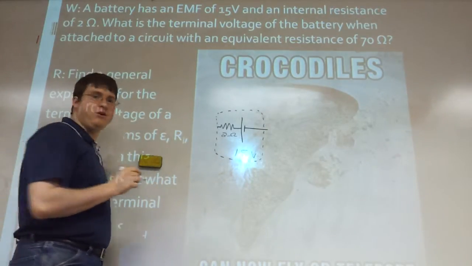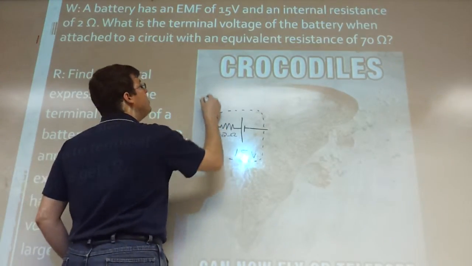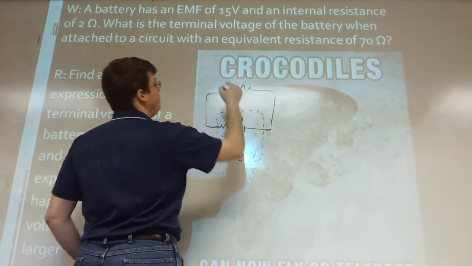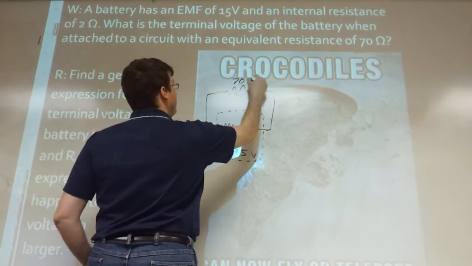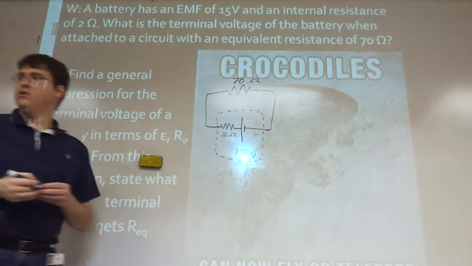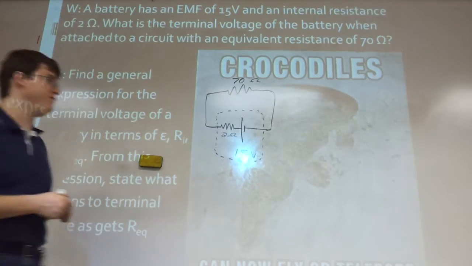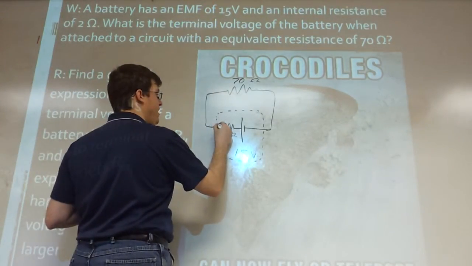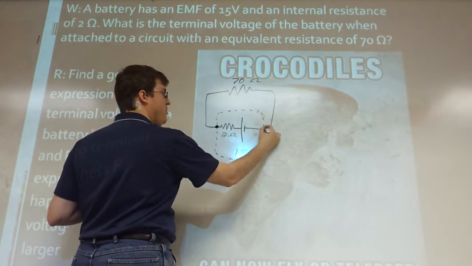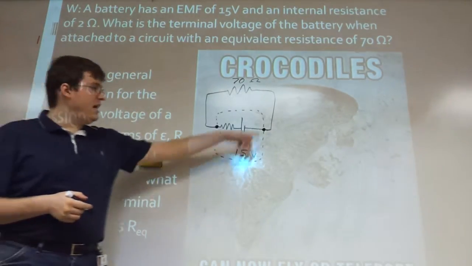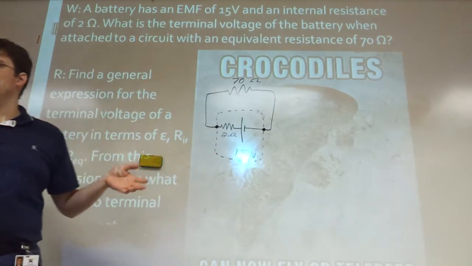Okay? Now this battery is attached to a circuit, whatever it is, with an equivalent resistance of 70 ohms. So we want to find the terminal voltage, the potential difference between this point right here and this point right here. So these dashed lines are completely imaginary.